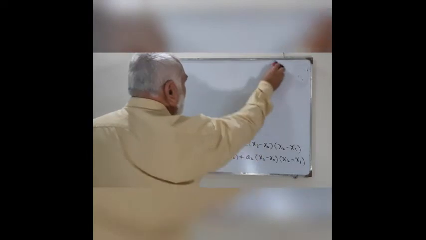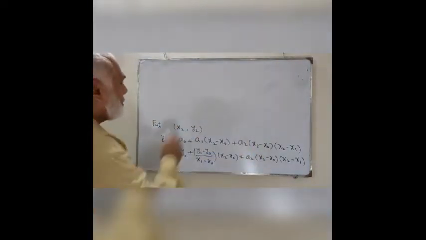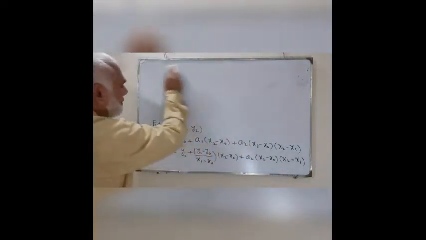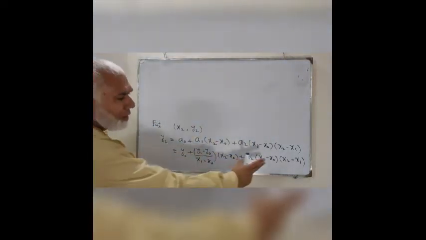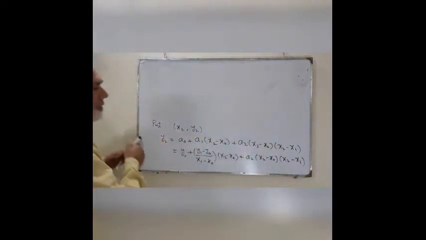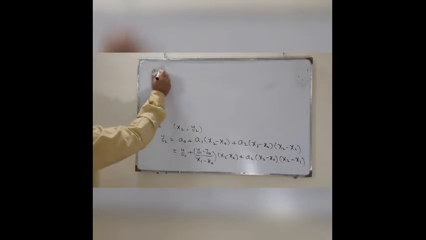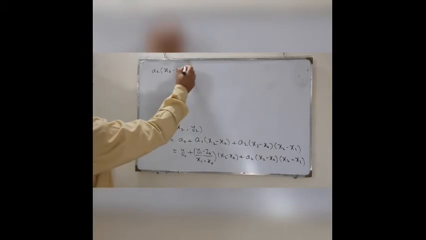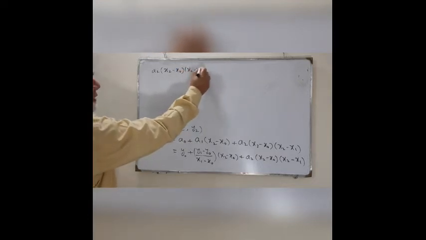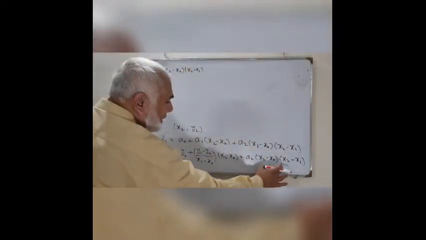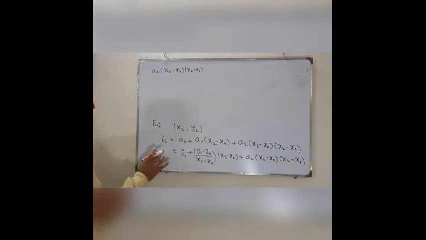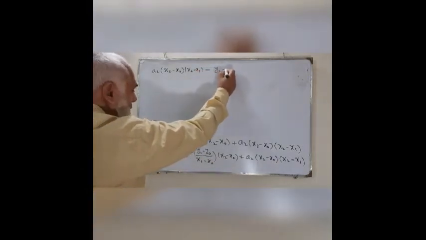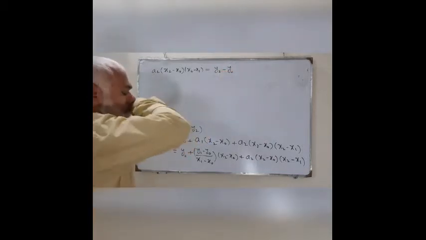In order to separate it, I keep the a2 terms on one side and shift all the others to the other side. Keeping this on one side gives you a2 (x2 minus x0)(x2 minus x1) on the left side, and whenever I shift it to this side, this becomes equal to y2 minus y0.